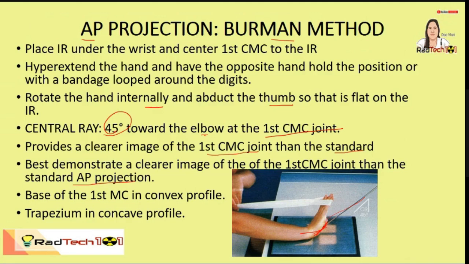So, mas clearer daw yung image ng first CMC joint kay Burman compare kay Robert, kay modification ni Long and Raffert, and ni Lewis. Kasi 10 to 15 lang sila. Ito, 45 degrees. So, mas clearer daw ang image ng first CMC joint. Okay, so that will be the end of our discussion for the digits.